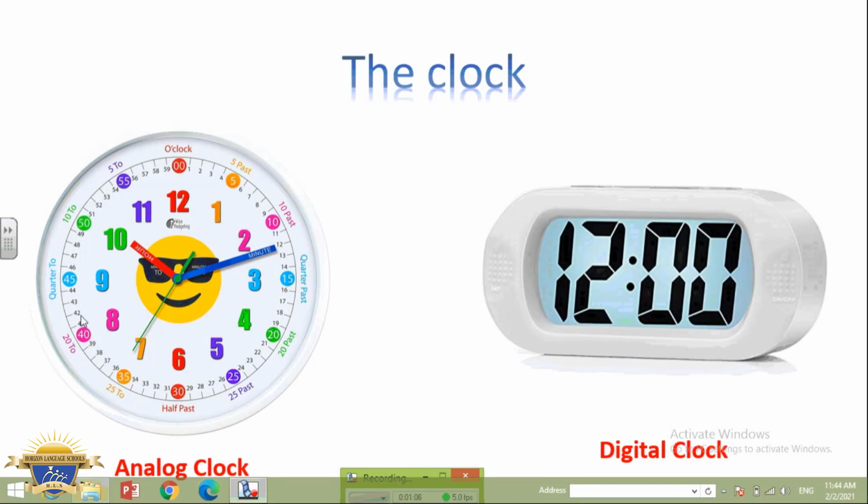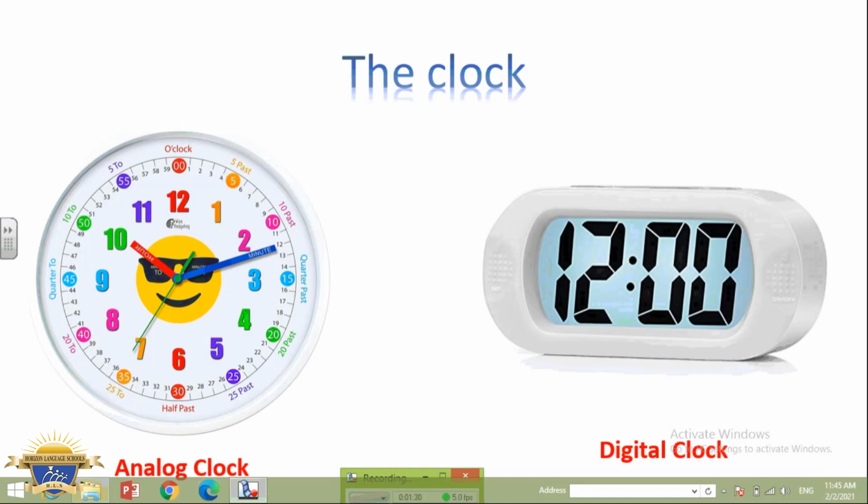On the face of the clock, there are numbers from number 1 till number 12. So we have two types of clocks: the analog clock with two hands and the digital clock with just numbers.